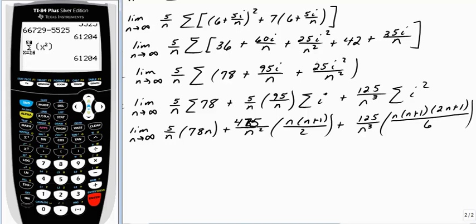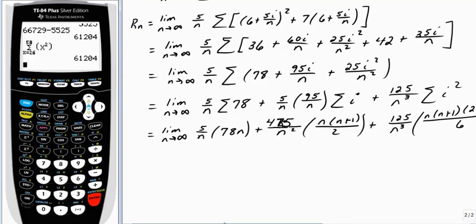Now, when I go back over here and say this r sub n is going to equal the limit as n approaches infinity. The first term actually doesn't even need the limit as n approaches infinity because the n's just completely cancel out in it.